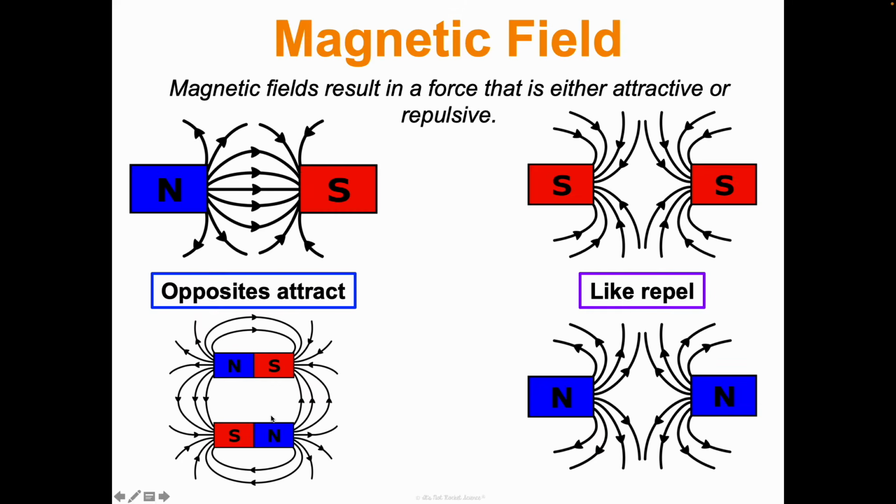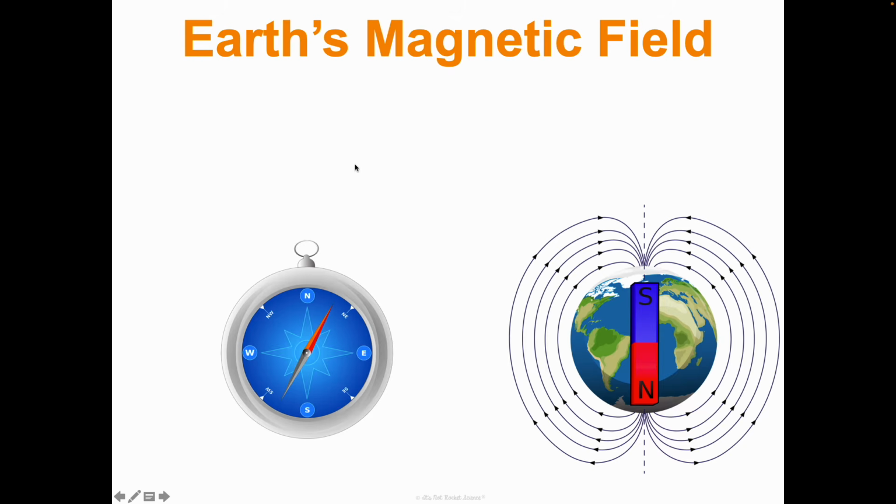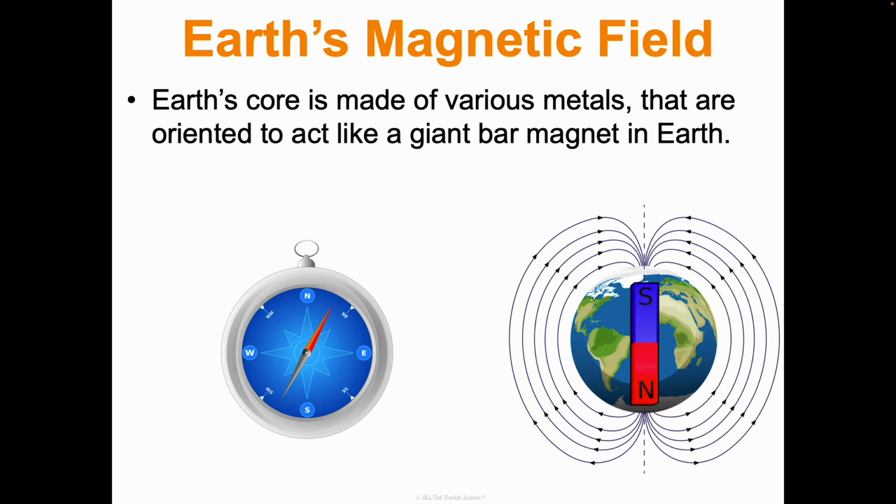Let's take a little sidebar here to talk about Earth's magnetic field. And different students listening from other teachers' classes, you might dive into the earth science of this a lot more. But I just want to give you a little something here because I think it's fascinating. So Earth's core is made of a lot of different metals, okay? And they are oriented to act like a giant bar magnet inside of Earth.